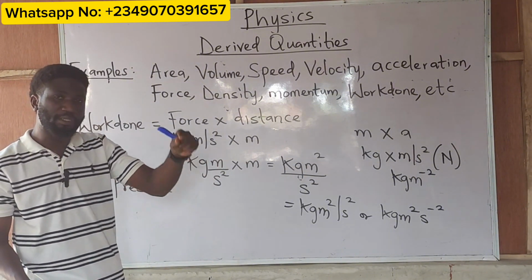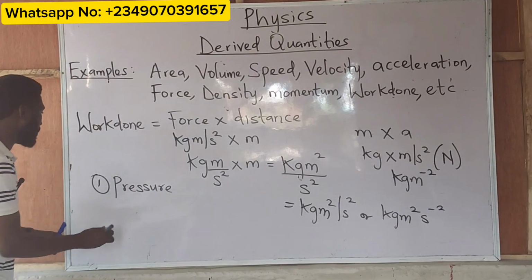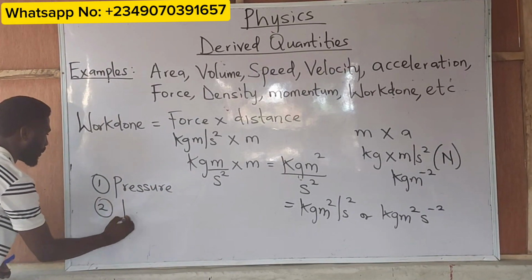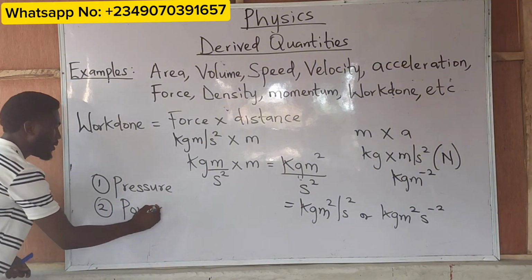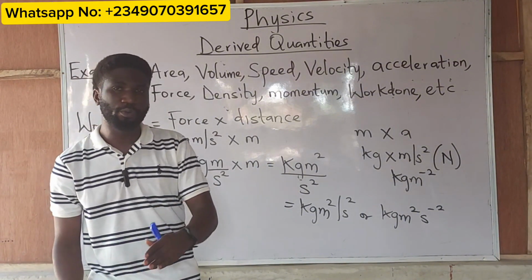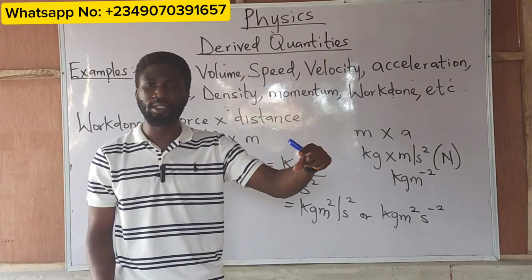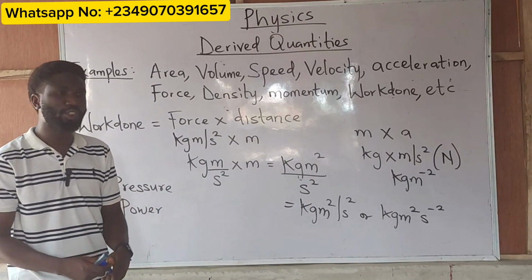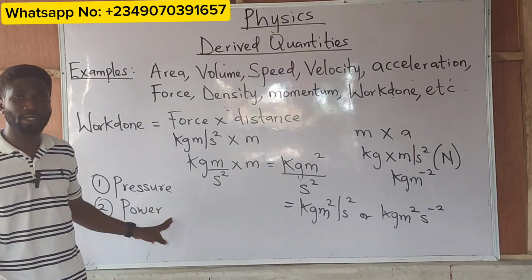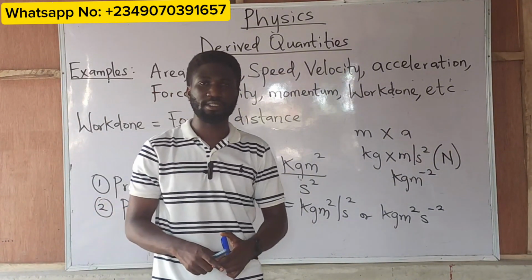So with the force and the area, get the unit of pressure. Then number two, you have to do for power. Power is work done over time. We've done for work done and you already know for time. So with the work done and the time, get the unit of power. Please give me your answers in the comment section.